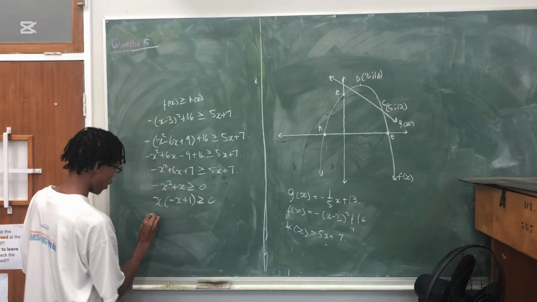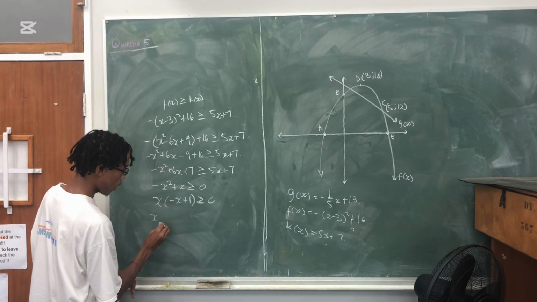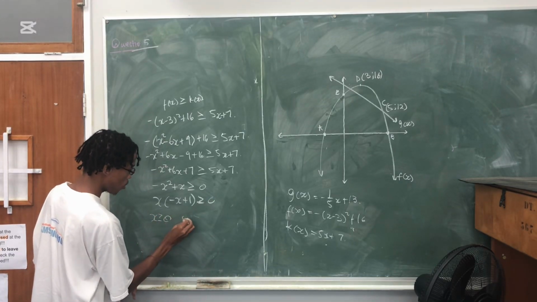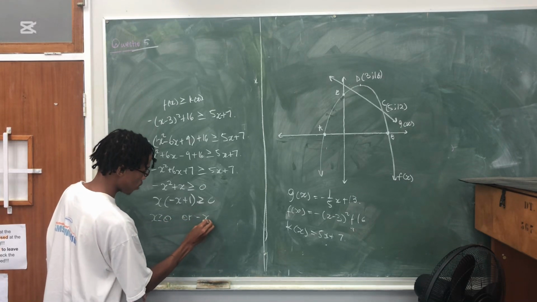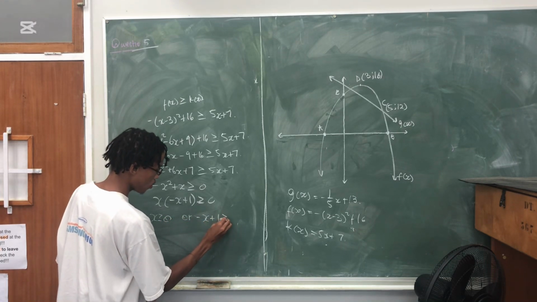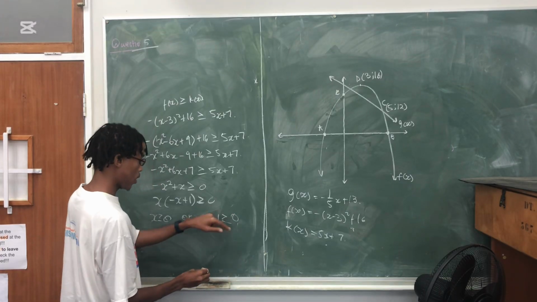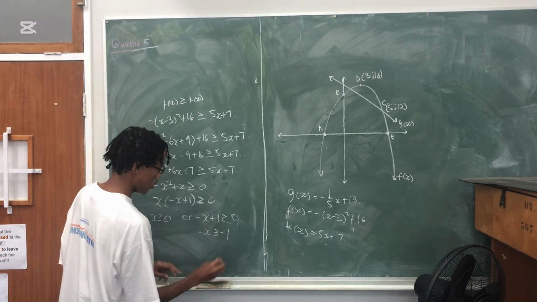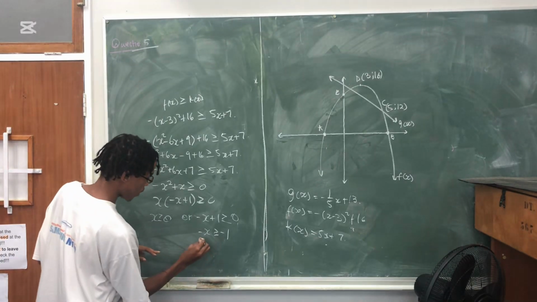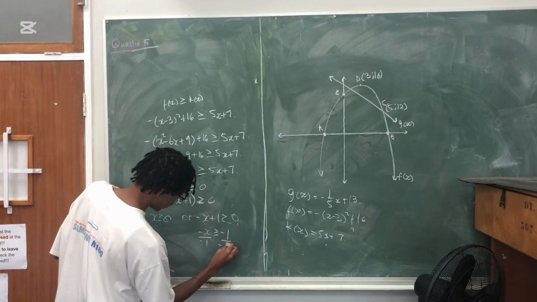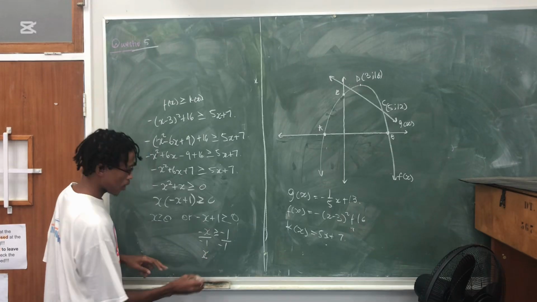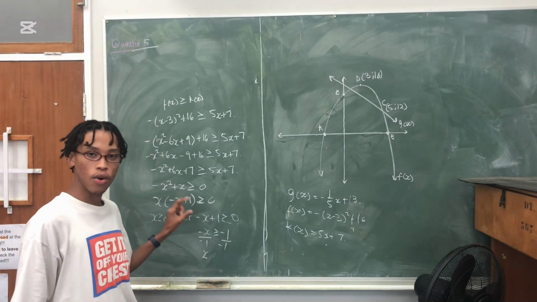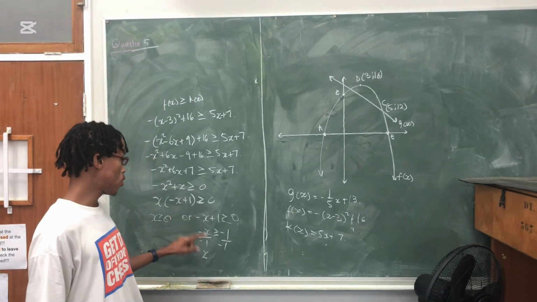So we're going to have x greater or equal to 0, or negative x plus 1 greater or equal to 0. Take the 1 to that side. We don't want a negative x, so divide by negative 1. In inequalities, whenever you multiply or divide by a negative 1, your sign changes.